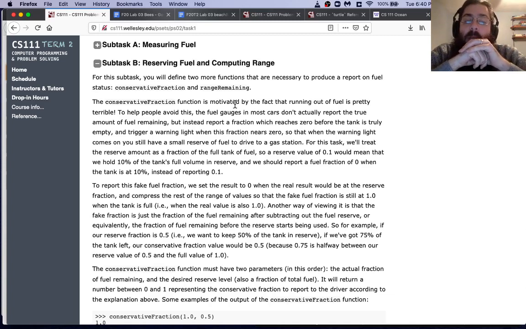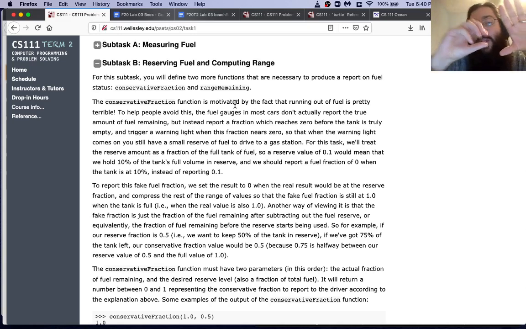In that case, the conservative fraction function says, well, let's pretend that this reserve doesn't exist, and I will give you back a new fraction, which is what fraction of the non-reserve fuel amount is left over. In this example, we have 75% of a full tank, and the reserve amount is 50% of a tank, so we only have the other 50%.